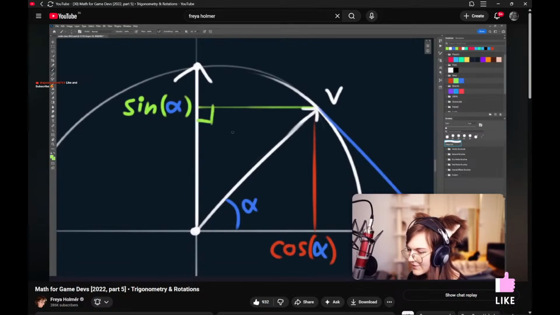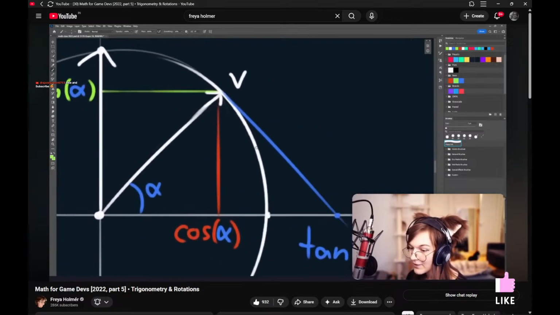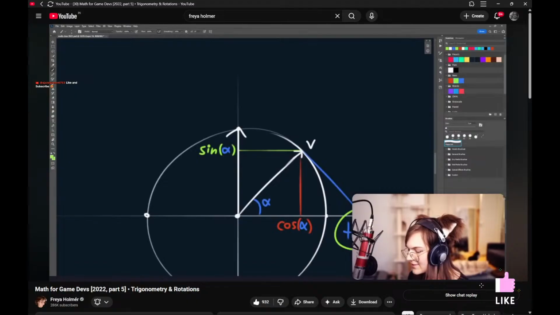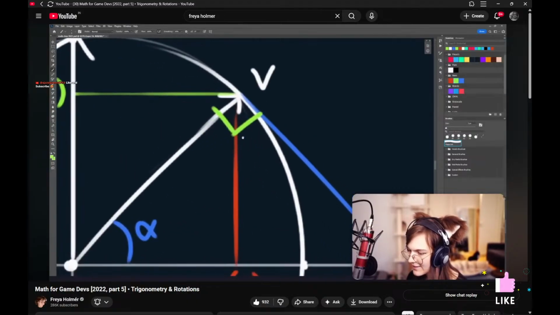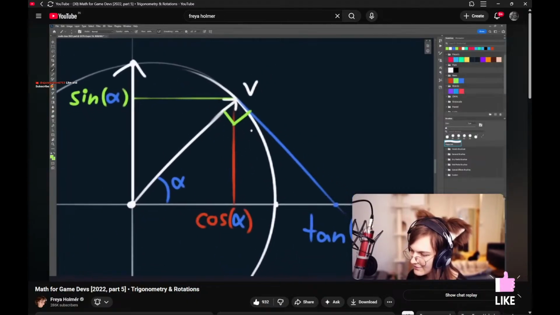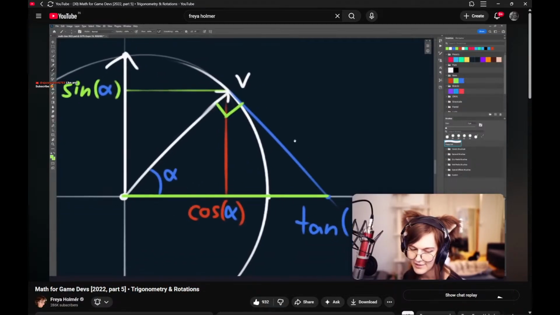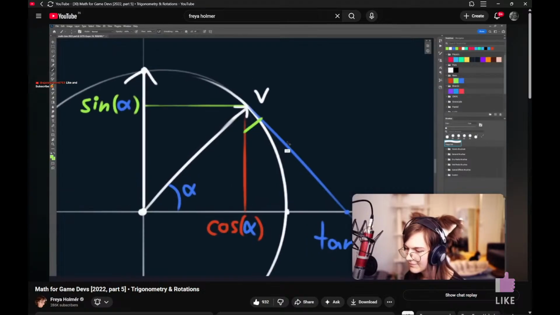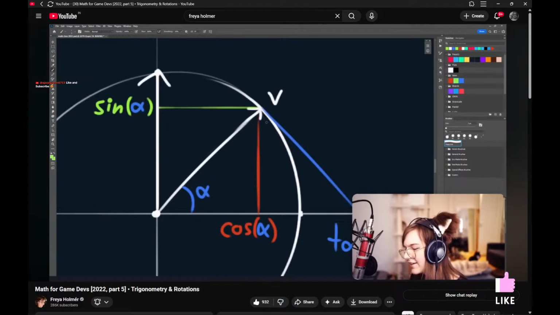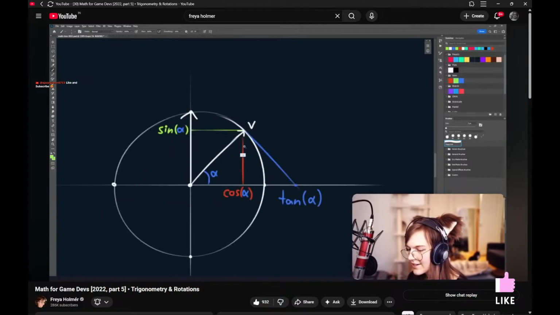And the tangent also forms a right angle triangle here. This is a 90-degree angle, and this length is the hypotenuse of the triangle. So one of the use cases for the trigonometric functions is to solve triangles.